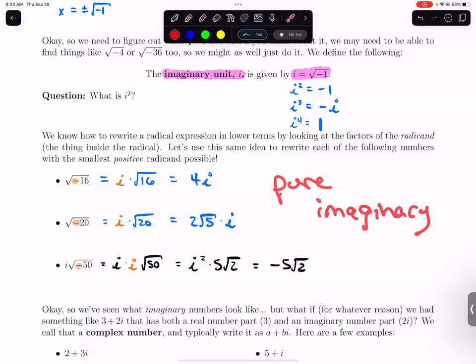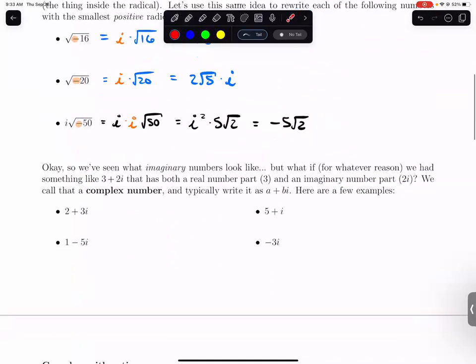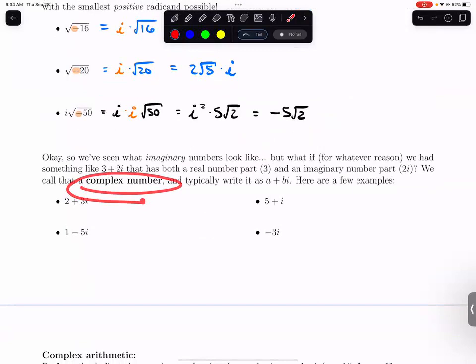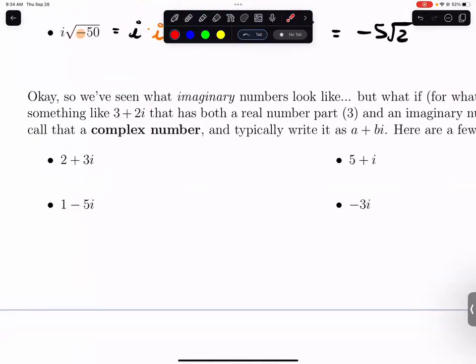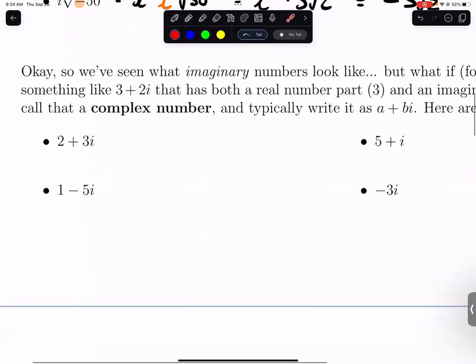Often though, we have a number that's got sort of both, right? It's got a real part and an imaginary part. We call those complex because it's got real and imaginary stuff. A complex number just looks like this, where that 2 is just the number 2.